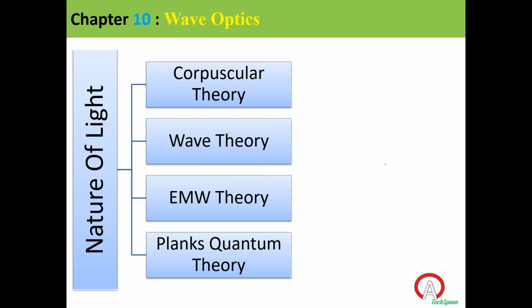Most of the theories you already studied in your school classes, and some of the theories you studied in your 12th standard. Based on these available theories, corpuscular wave theory, EMW theory, Planck's quantum theory, we have explained the nature of the light, either the wave nature or the particle nature.